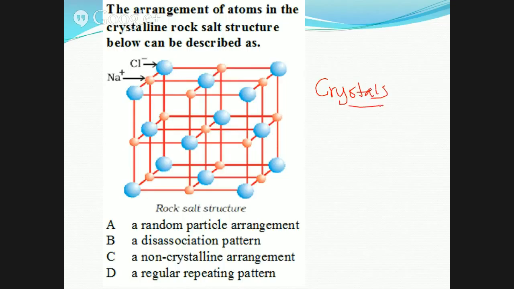So what is the best description of a crystal? A random arrangement, a dissociation pattern, a non-crystal arrangement, or a regular repeating pattern? What do you think? Regular repeating pattern. Okay, so we're going to go over crystals a little bit more today.